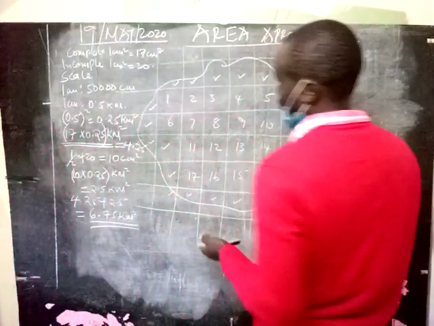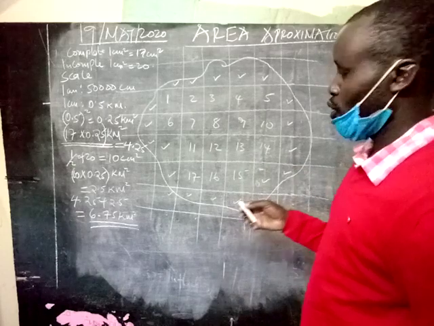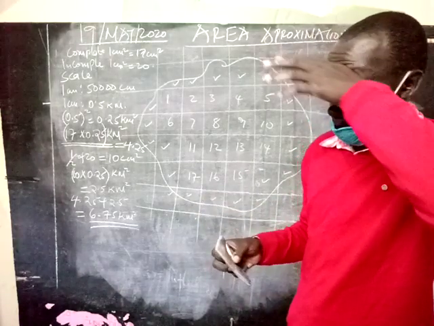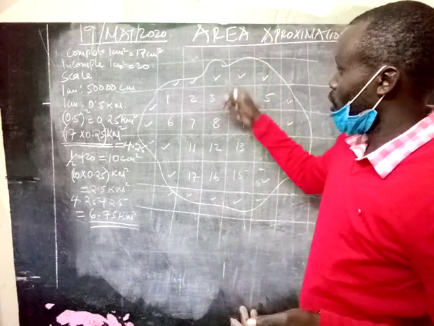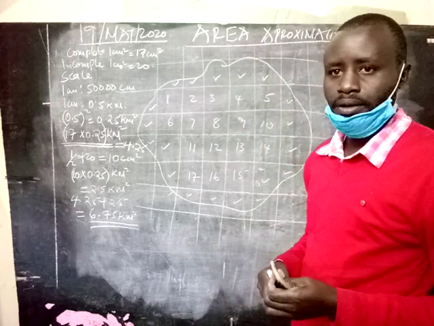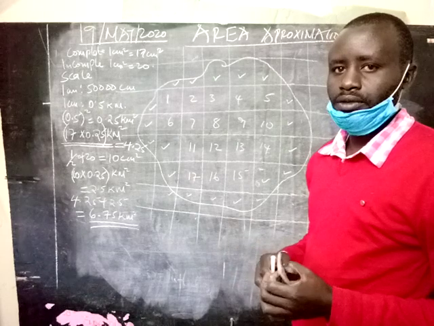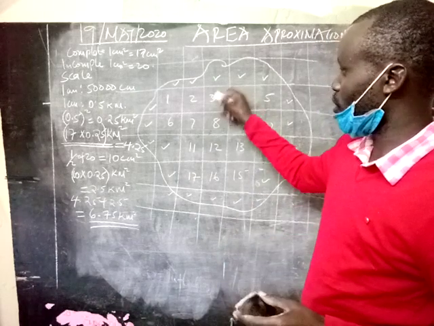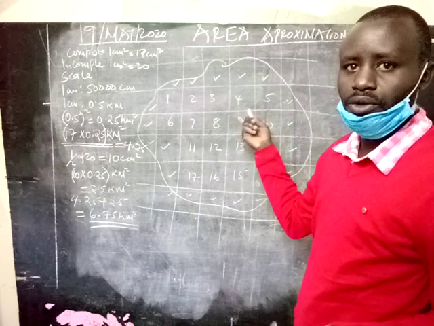So you can have a good look at this. Find any regular shape that you have. Have a grid of 1 centimeter square, 1 unit square, so that you are going to tick, or count. It is a counting technique.